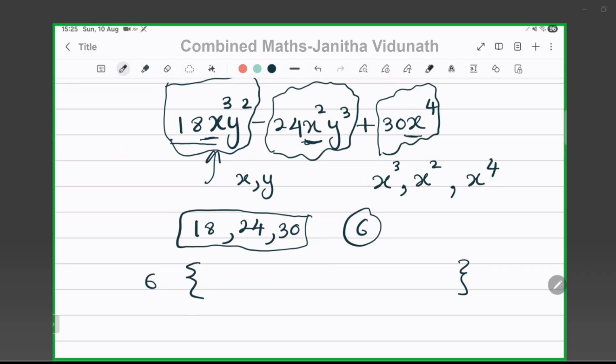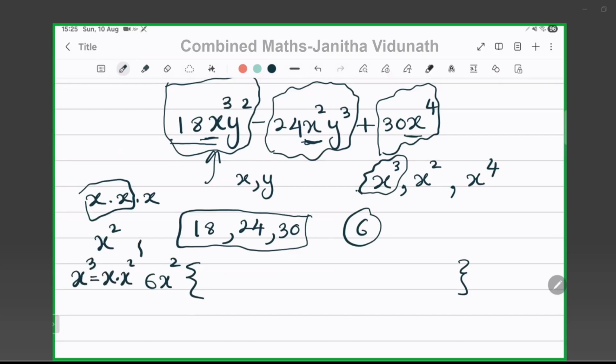From these, we can take x square as the greatest common factor. We know we can write x cube as x times x times x, and join two of them as x square. Then we can write x cube as x times x square.